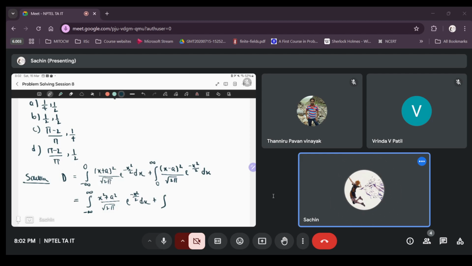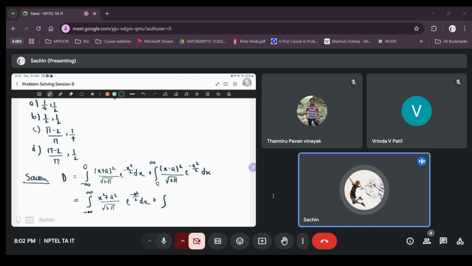And for the x minus a whole square term you have minus 2ax. For the term containing 2ax, you are integrating from minus infinity to 0, and for the term containing minus 2ax, you are integrating from 0 to infinity.